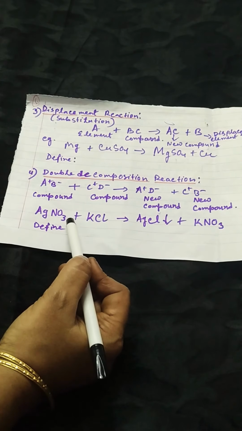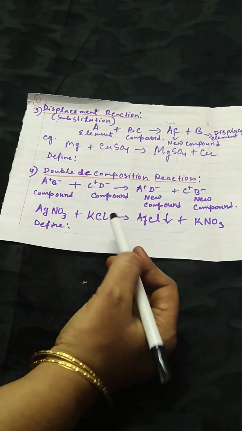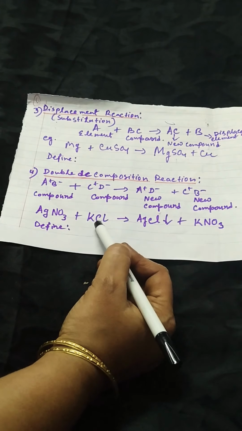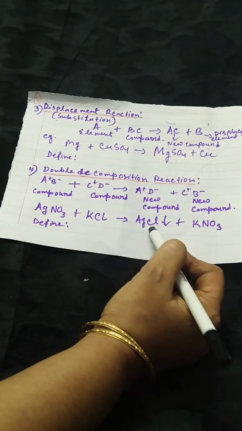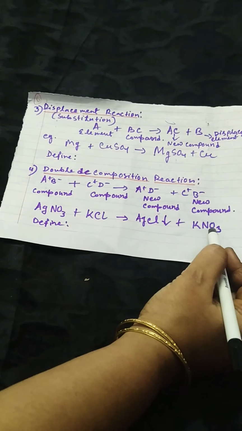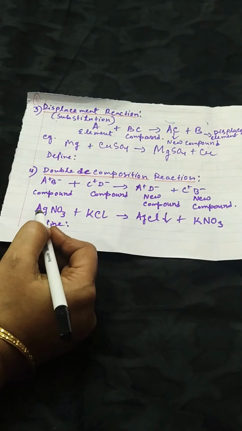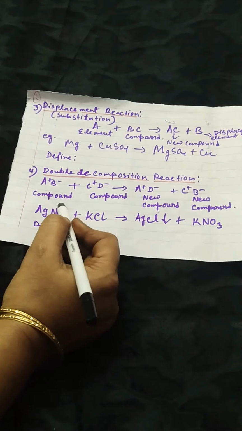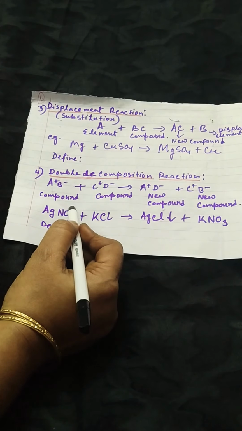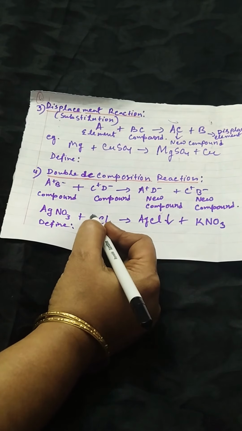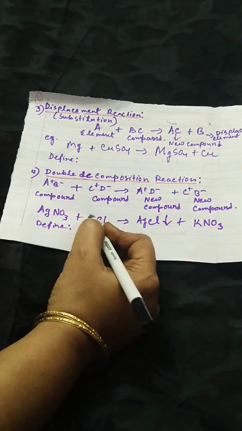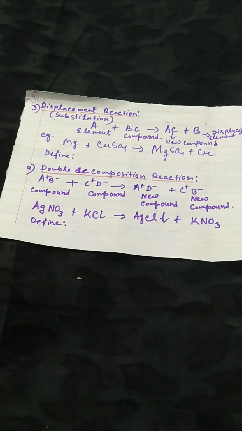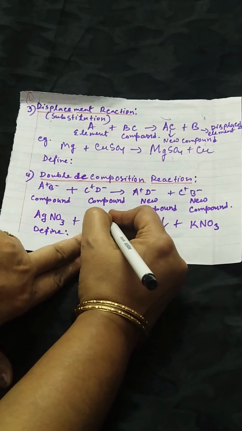For example, silver nitrate is combining with potassium chloride to give us silver chloride and potassium nitrate. Here silver is the positive part of silver nitrate, nitrate is the negative part of silver nitrate, potassium is the positive part of potassium chloride, and Cl is the negative part of potassium chloride.